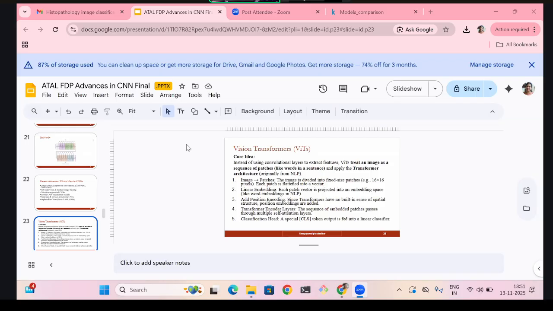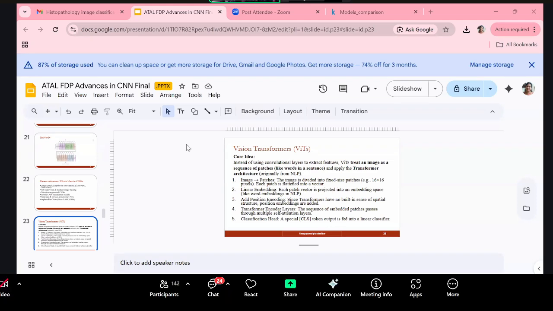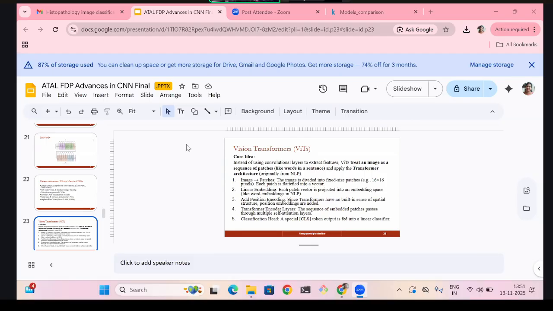Okay, so in machine learning models, we were extracting the features from the images, and those features were given as input to the classification machine learning algorithms for performing any kind of task, like image segmentation or image classification.